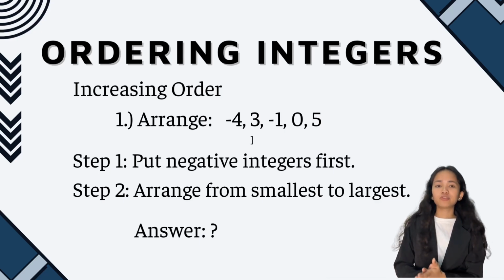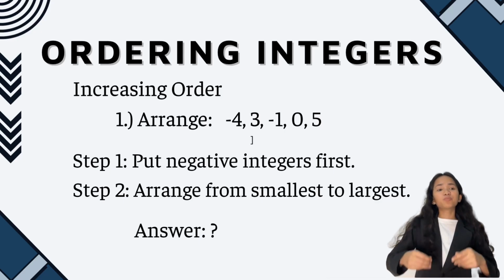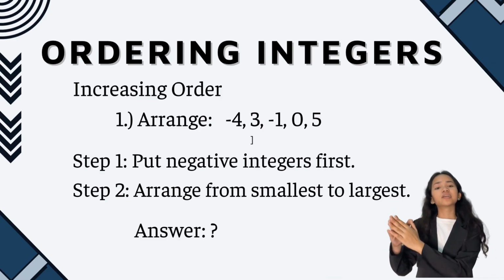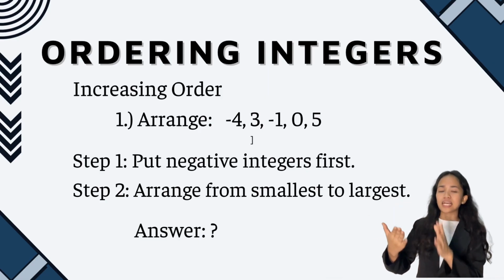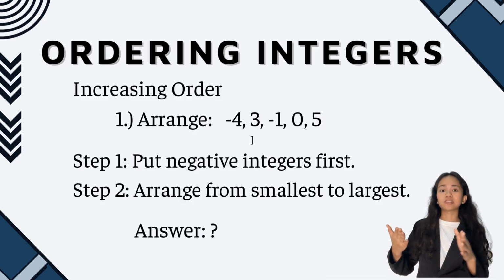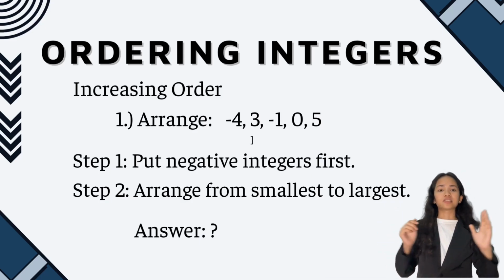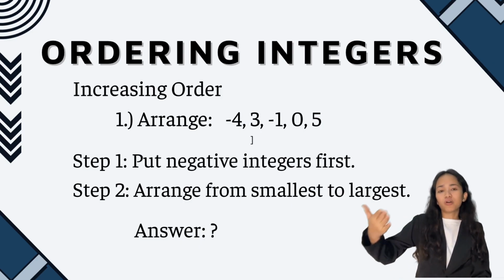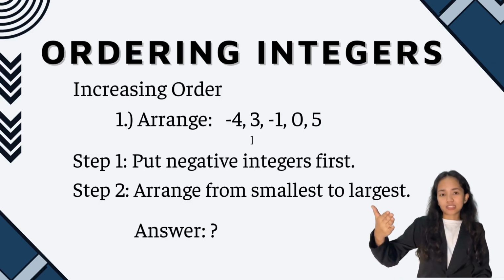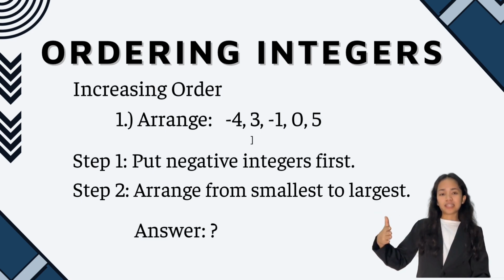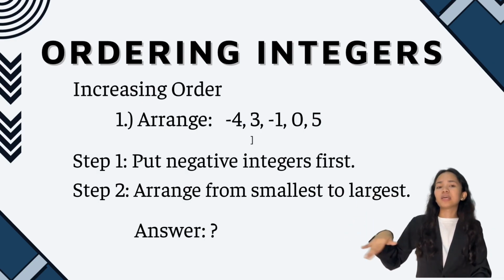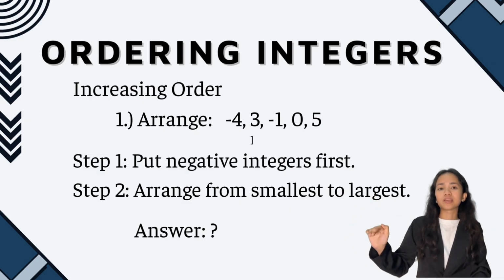The first step is to put the negative numbers first, so you separate the negative integers from the positive integers and 0. Step 2 is to arrange them from smallest to largest.